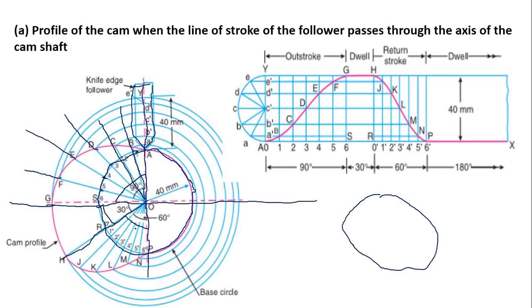First of all 0 dash is here, and for the 1 dash mark the equal parts: 1 dash, 2 dash, 3 dash, 4 dash, 5 dash and 6 dash. You can extend all the lines, no problem, and this is 180 degree.